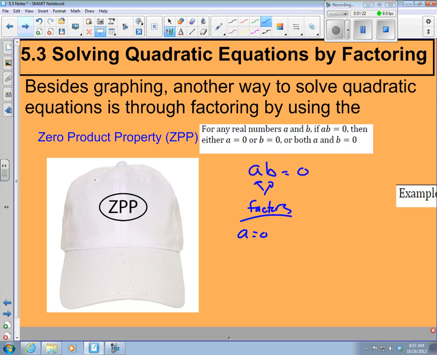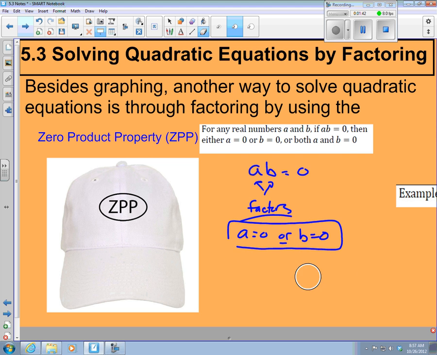A has to equal 0, or b has to equal 0, or they both have to equal 0. If you multiply a times b and it equals 0, one of them has to be 0. So you can set both of them equal to 0 according to the zero product property, and then one of those 2 has to be your solution.